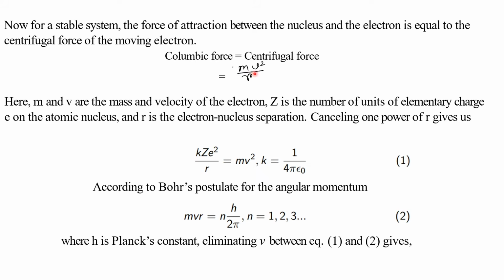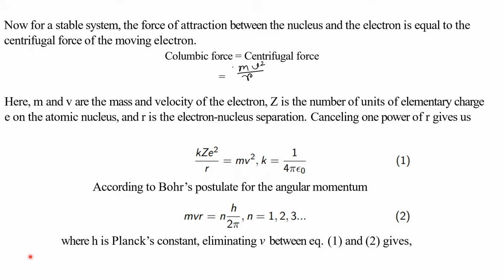So we can write Coulombic force equals centrifugal force, mv square by r, where m and v are the mass and velocity of the electron, z is the number of units of element charge e on the atomic nucleus, or number of protons, and r is the electron-nucleus separation. The Coulombic force is k z e square by r square, equal to mv square by r.